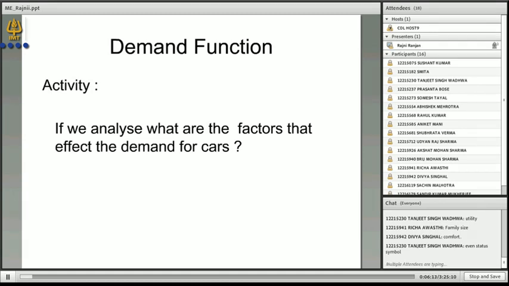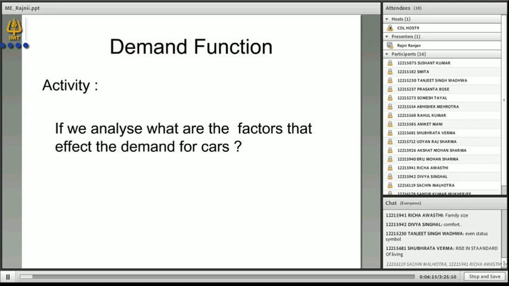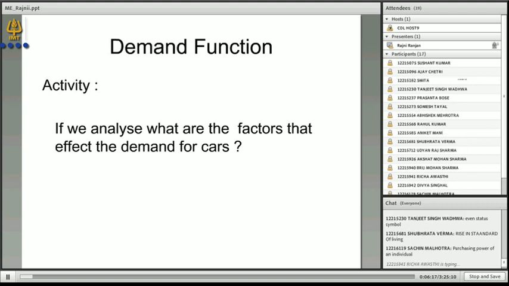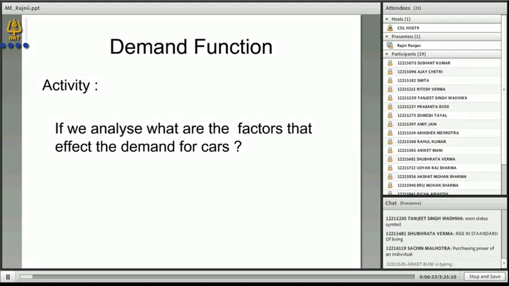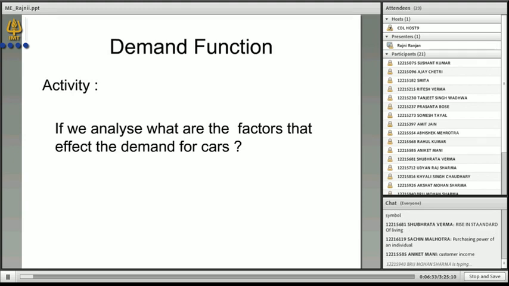Comfort, status symbol, rise in standard of living, Subrata, good. Purchasing power of an individual. What about others? Still 3 minutes to go, so we are just brushing up what we covered in the last class. Consumer income.